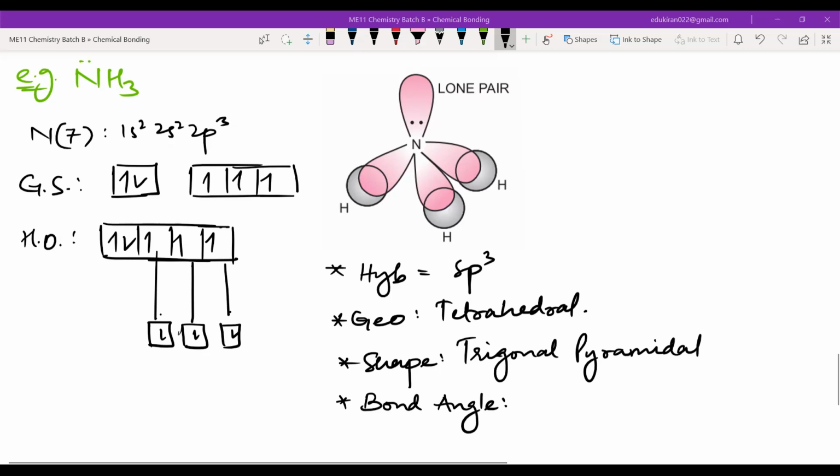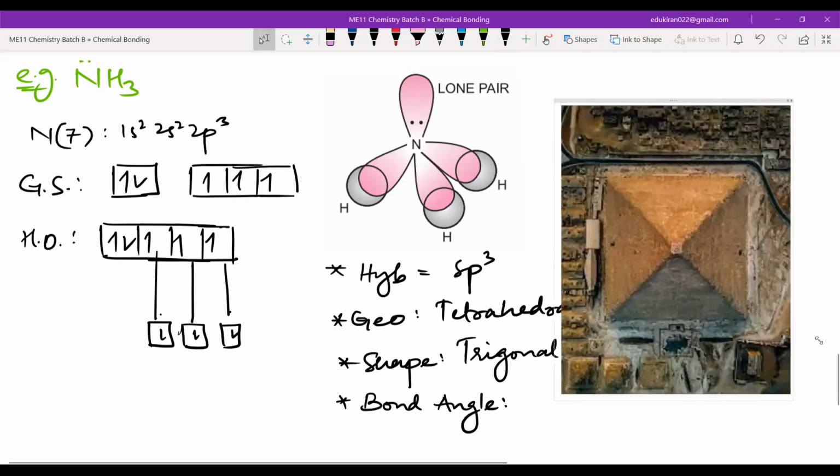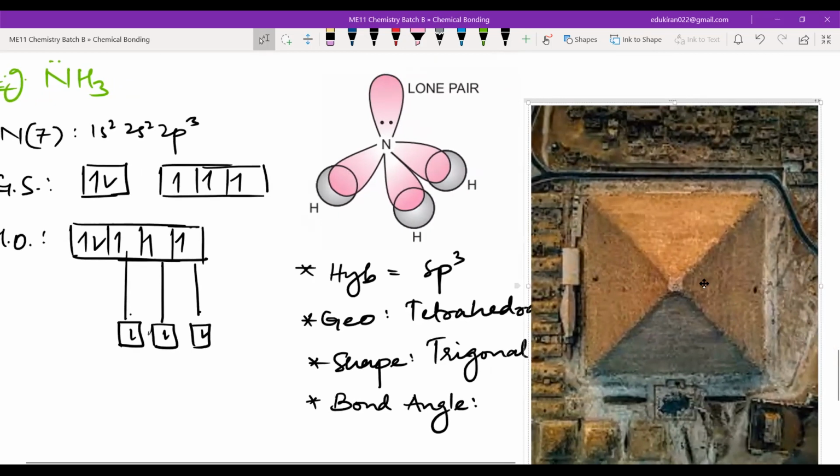How many faces can you see? Where? Yeah, it is a square base. Right? Reba, can you see this? It is a square base. Yes, sir.